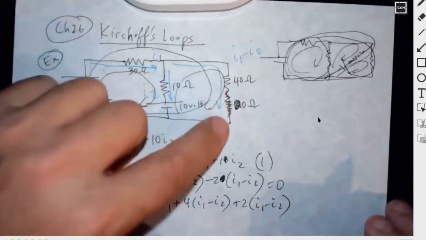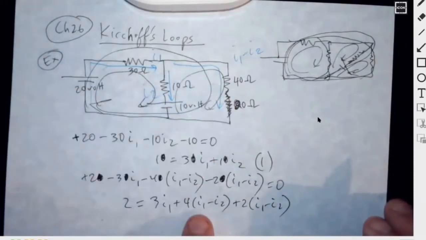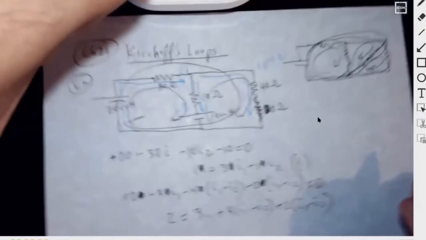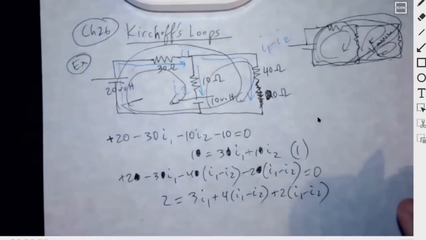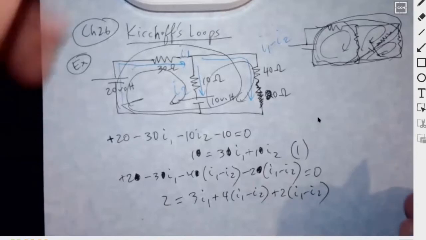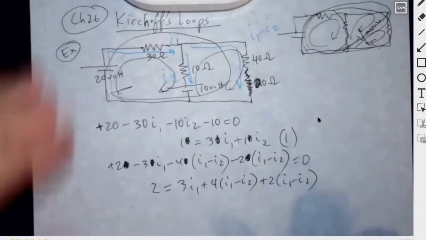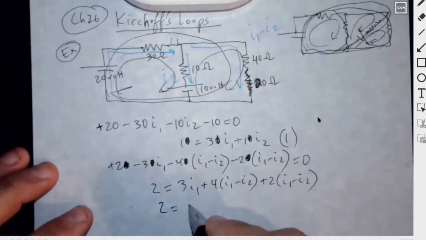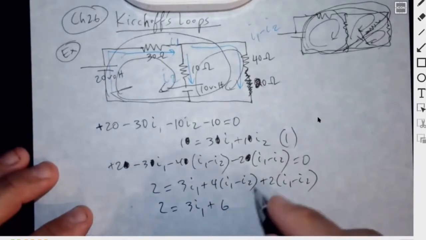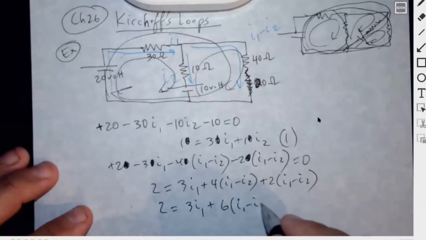So since these are in series, I could simply just say, okay, just add these two, right? And you get here it's going to be 6(I1 minus I2).